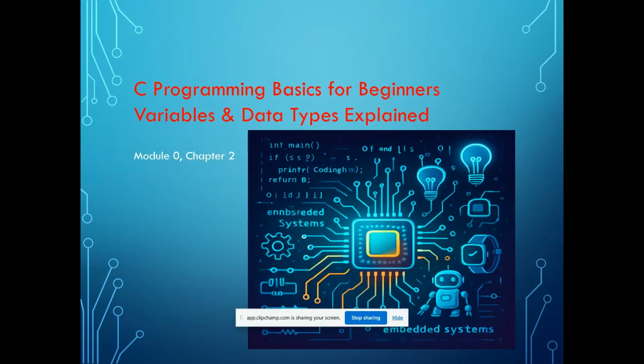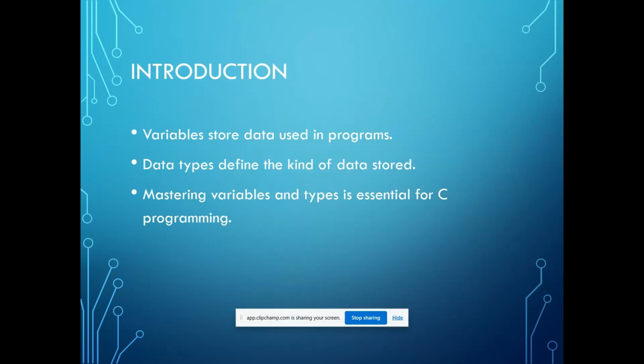So, here we will be learning about variables and data types, which we are going to use in C. So, what is a variable? Variables are like containers that hold the data. Data types define what kind of data those containers can hold.